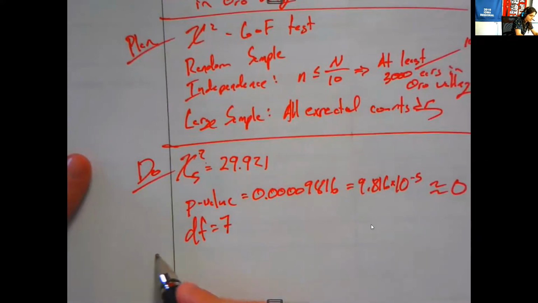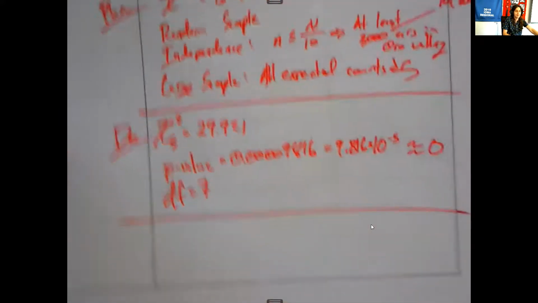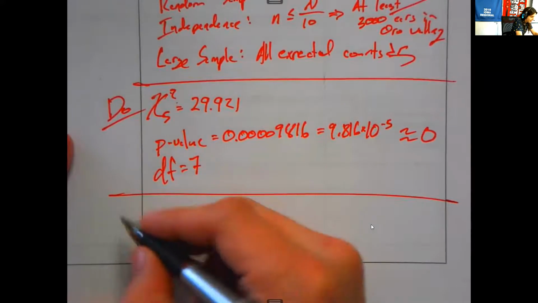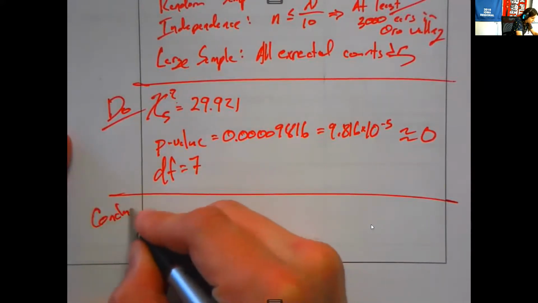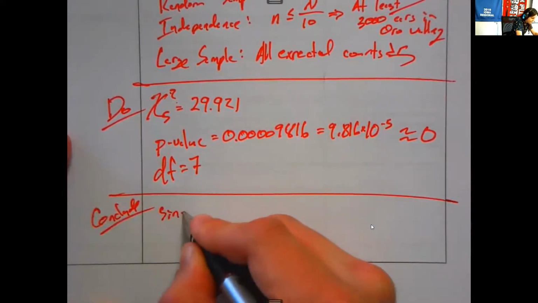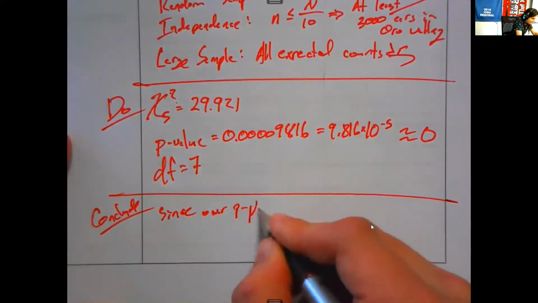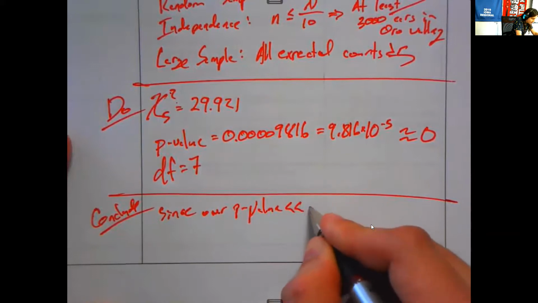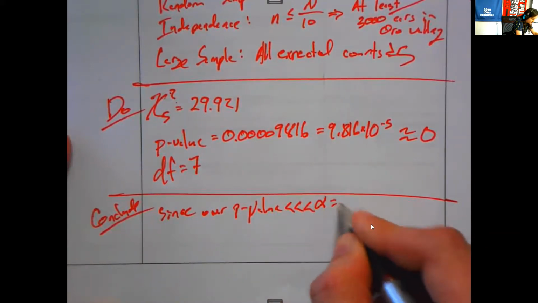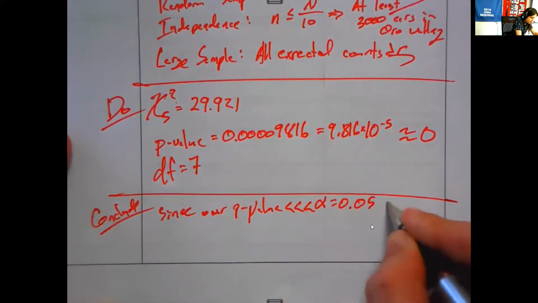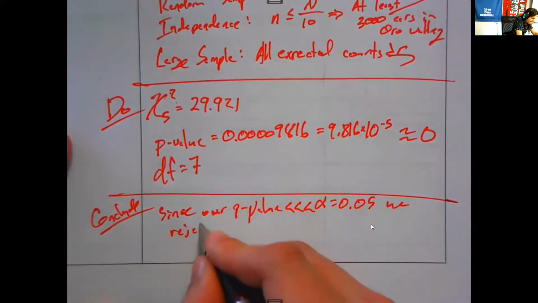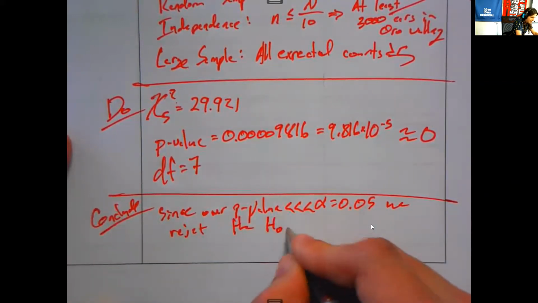We're going to conclude that the distribution of car color in Oro Valley is different from that in North America. Conclude, since our p-value is much, much smaller than alpha equals maybe say 0.05, we reject the null hypothesis.